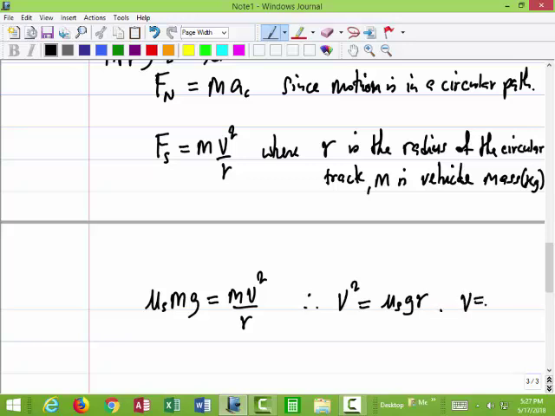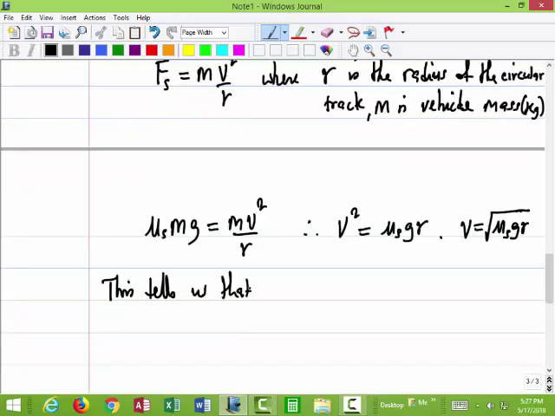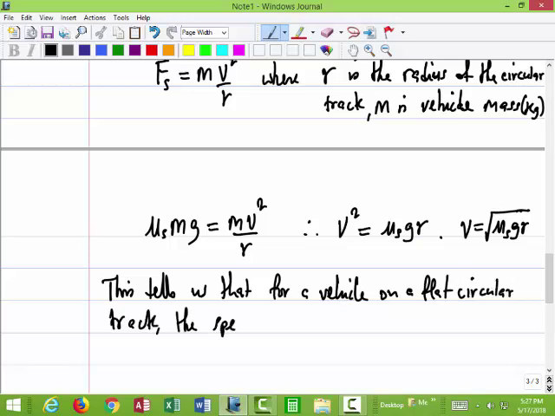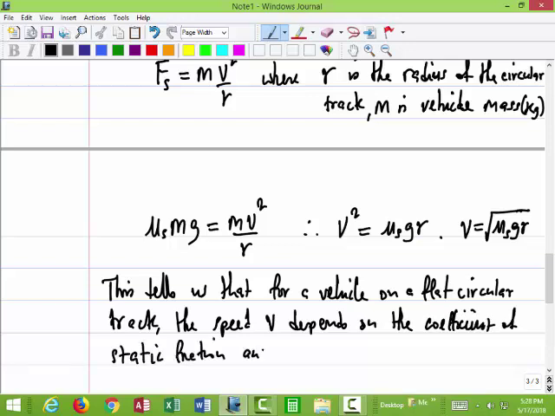So we can say v is the square root of mu s g r. This tells us that for a vehicle on a flat circular track, the speed v depends on the coefficient of friction between the wheels, and I'm referring to static friction, the acceleration of gravity g, and the radius of the path.